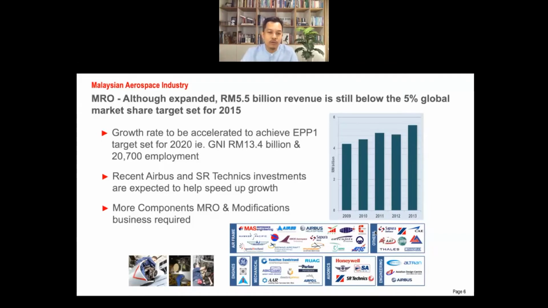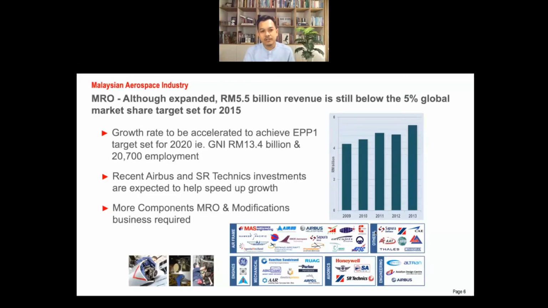This is due to the growing number of MRO activities. So many MRO players in Malaysia are struggling to cope with quite a huge number of MRO activities, and many of our players before 2015 had trouble providing services from nose to tail. That's the major problem, because when airlines send their aircraft to a certain MRO company, they want to make sure that they can do everything there.